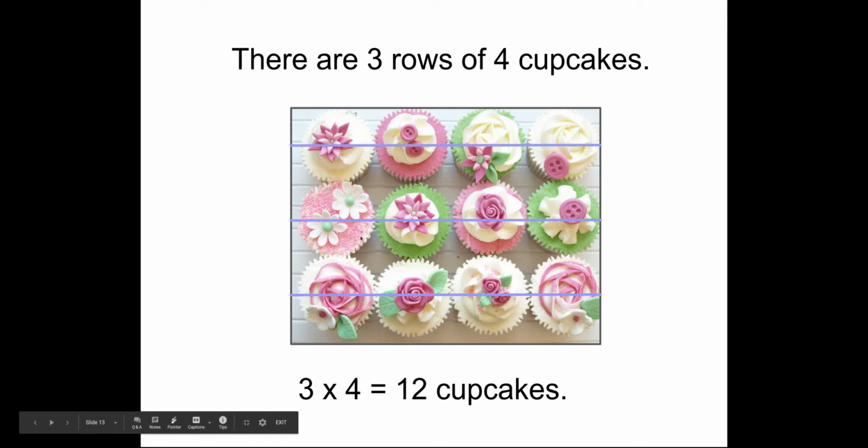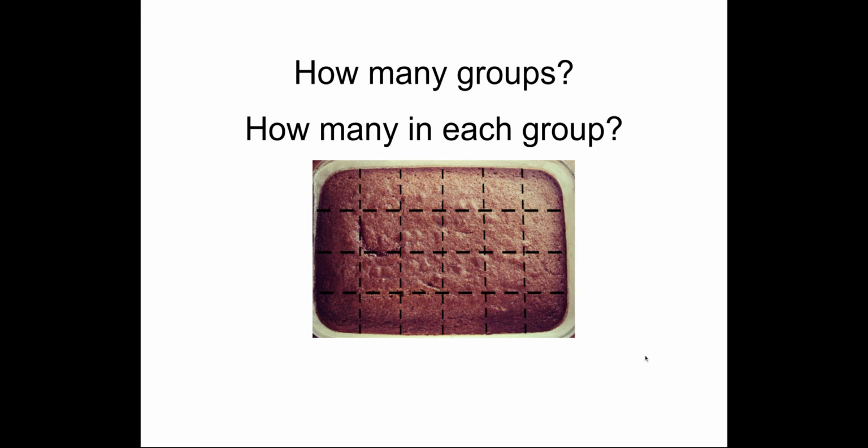Well, there's 4. 1, 2, 3, 4. So I have 3 groups. That's the first number. Multiply means of. 3 groups of 4 in each group gives me 12 cupcakes. I have 4, 8, 12. 12 cupcakes in all.